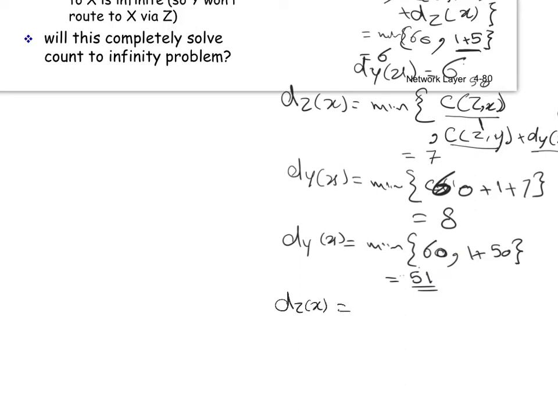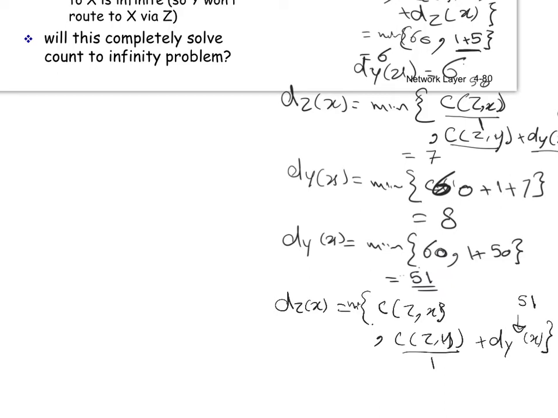So now we need to calculate the cost between Z and X. And this happens at node Z, right? So node Z will say, okay, so the cost between myself and X is either the cost between Z and X, or the cost between Z and Y plus the distance between Y and X. So what is this? 51.